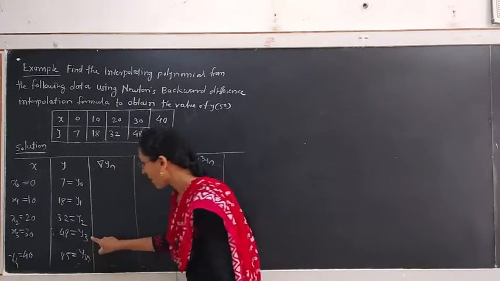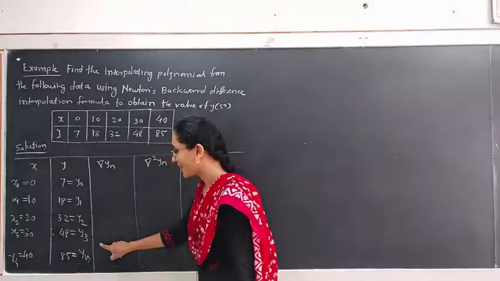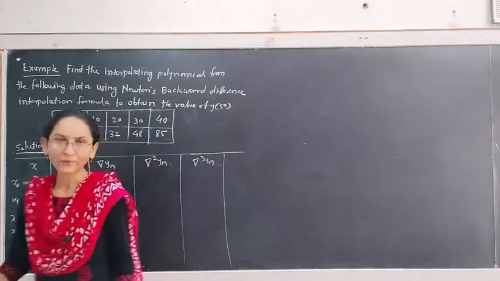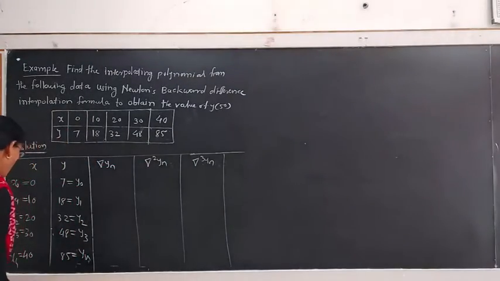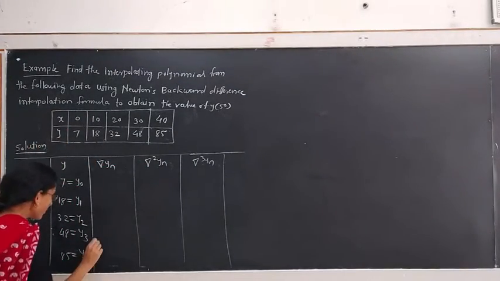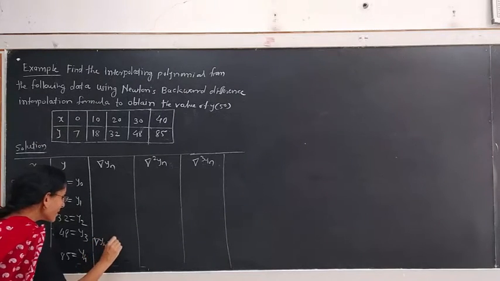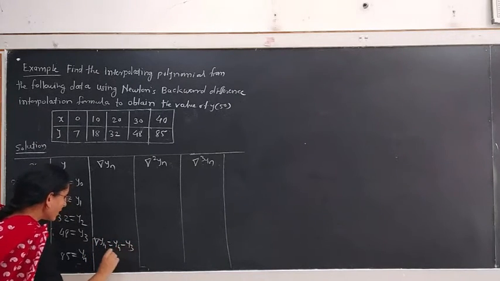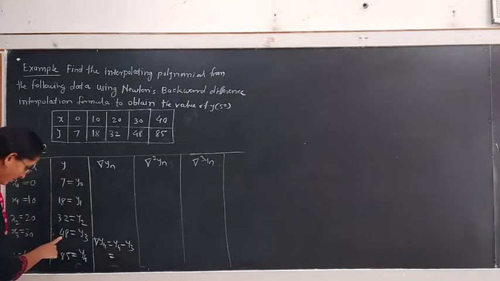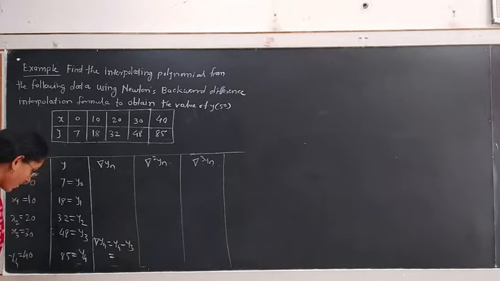What is del y4? y4 minus y3, which is 85 minus 48, and that value is 37.